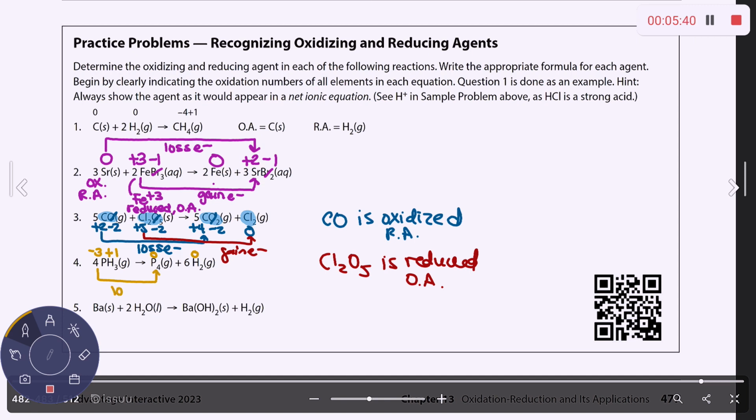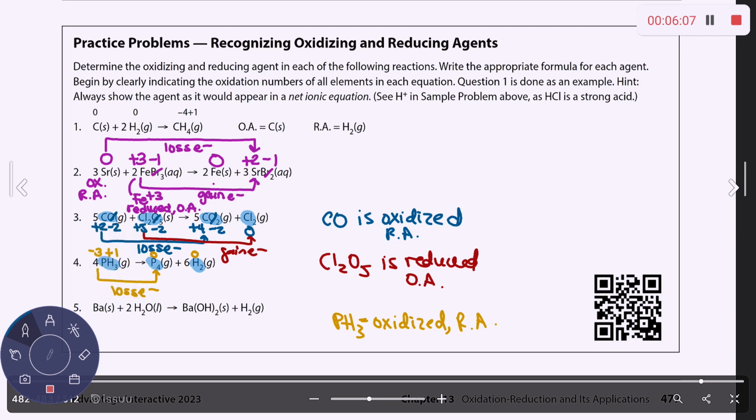So this is a loss of electrons. And PH3 and P4 and H2 are molecular, so we would have to refer to the entire molecule as being oxidized or reduced. So that means PH3 is oxidized, and that makes it the reducing agent.